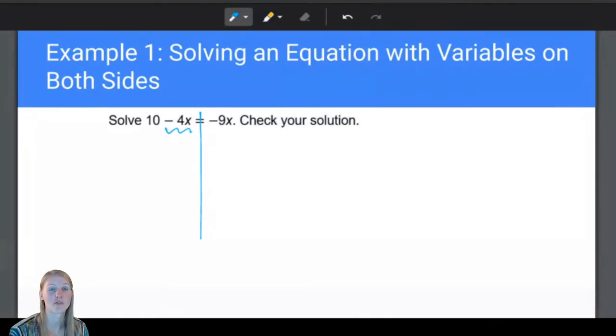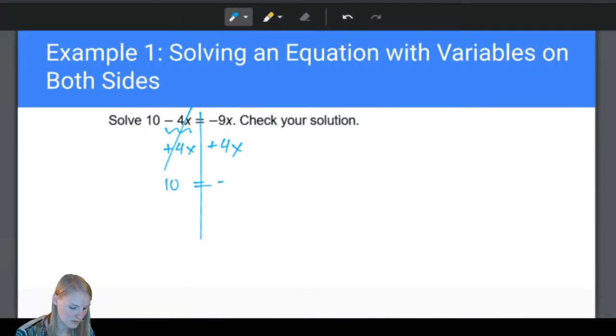So right now I have minus 4x. So I'm going to add 4x to both sides. So it goes away over here. Remember, minus 4x plus 4x just goes away. And now I have 10 equals negative 9 plus 4 is minus 5x.